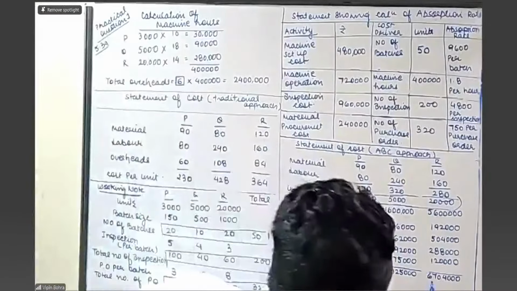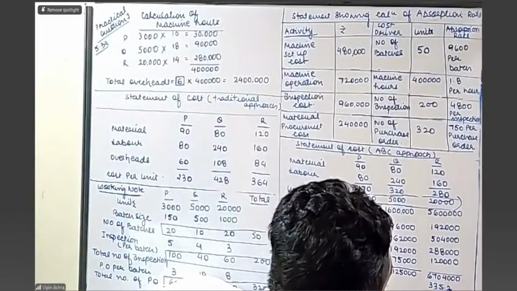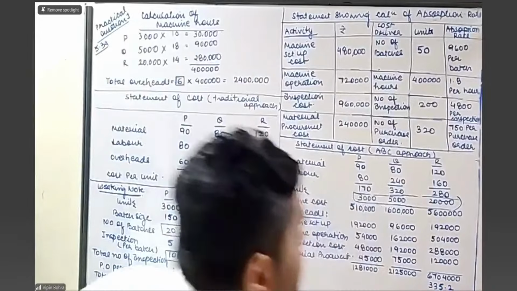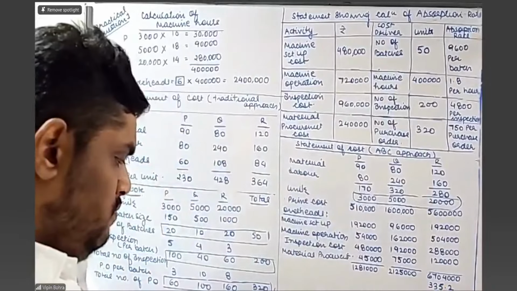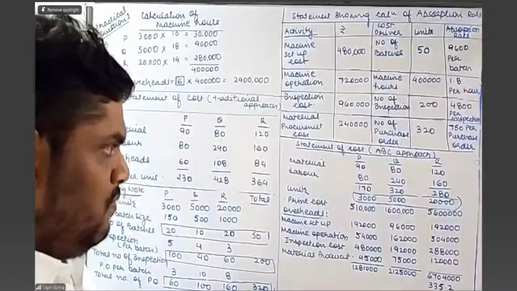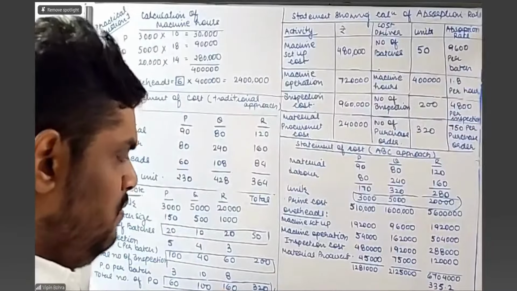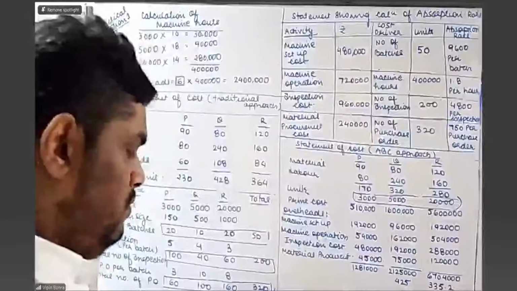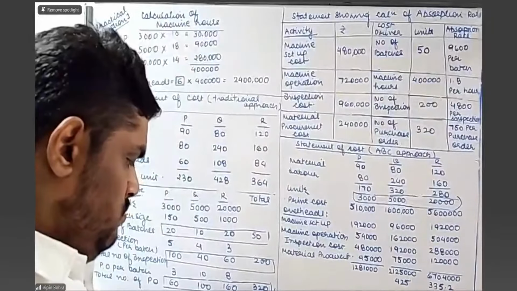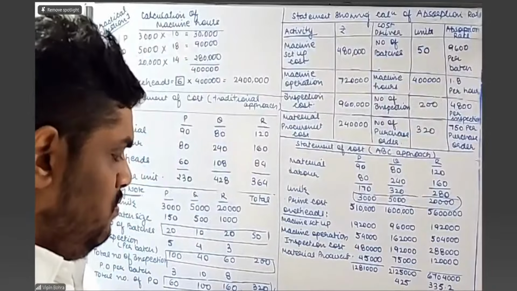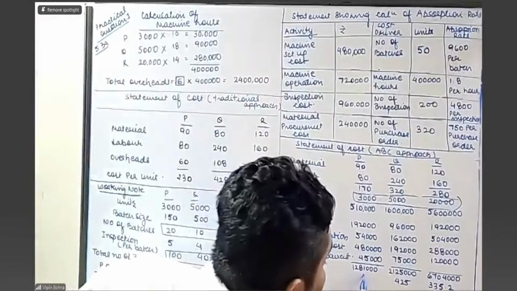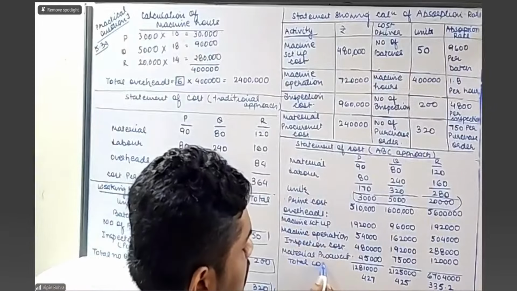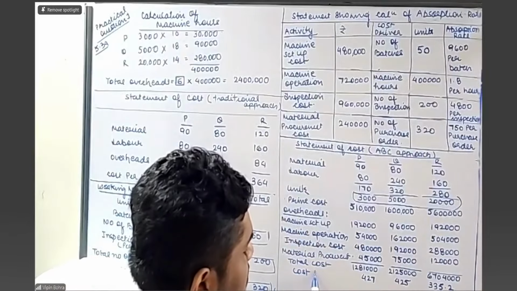So this will be 335.2. This will be 425. This will be 427. So this is my total cost, and this is my cost per unit.